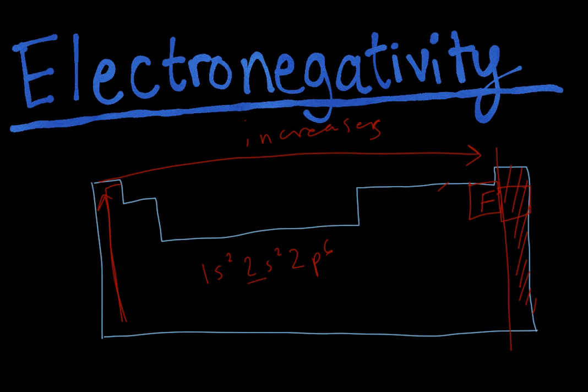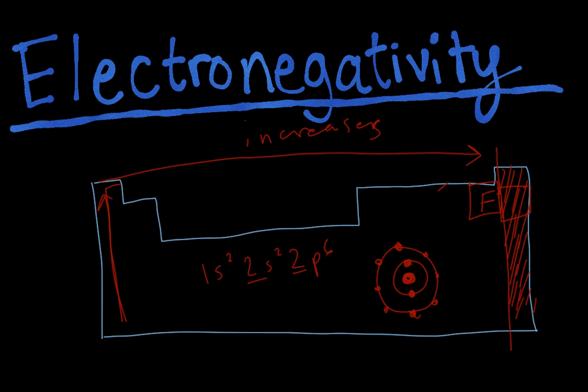So if you look at the outer shell, the valence shell, let's say this is the nucleus, and you have the first shell and then the second shell. The first one has 1, 2, and the second one would have 1, 2, 3, 4, 5, 6, 7, 8. So it's happy, it's stable the way it is, having a full orbital, a full shell, and that's the reason why we don't consider them when thinking about electronegativity.